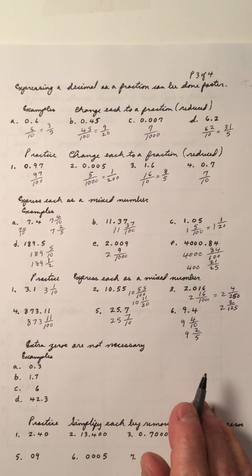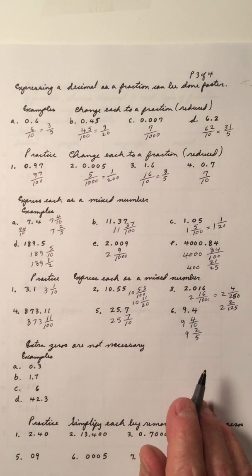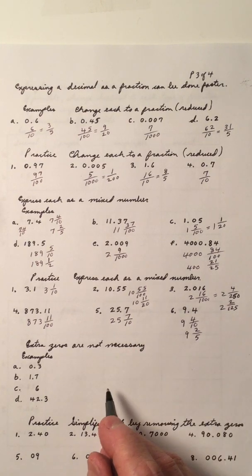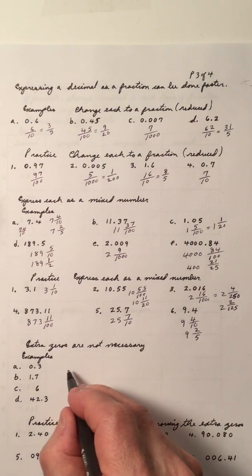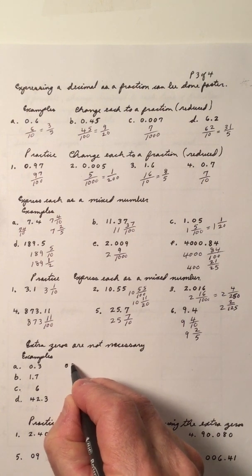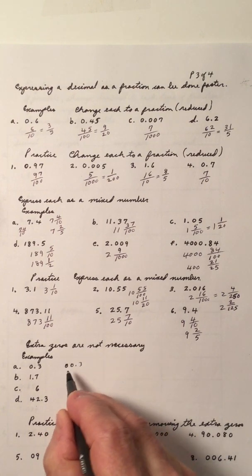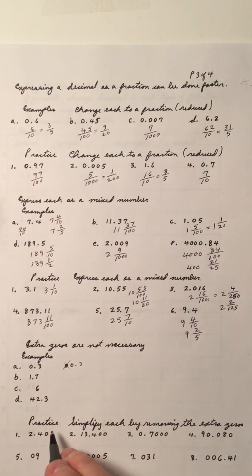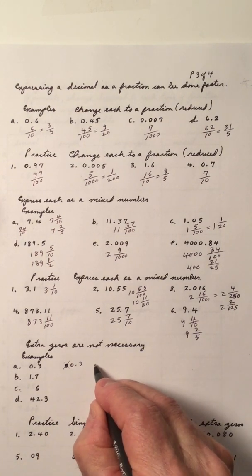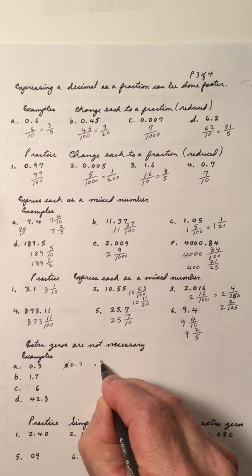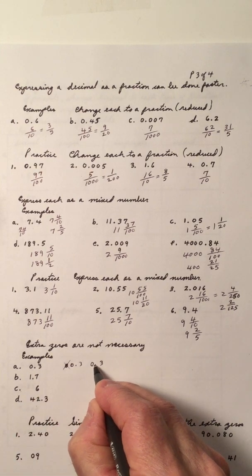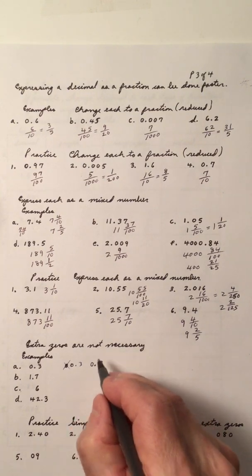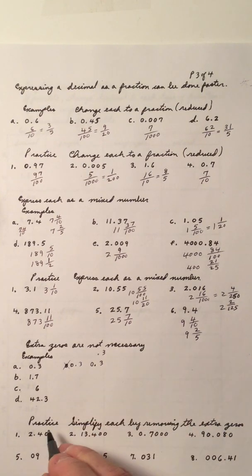Just practicing, mixing things around as you start mixing things up. Extra zeros are not necessary. So if I put a 0 in 0.3, that 0 is not necessary. Some people even say that the only reason that 0 is there is to pinpoint the decimal, because when you write down decimal 3, you've got to be careful.